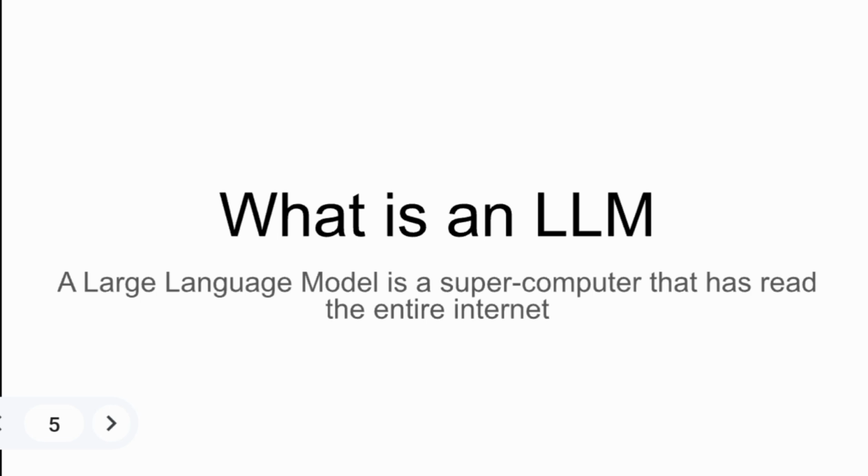LLM basically is a large language model. In AI we have different types of models, and some models need a huge amount of data to train. Imagine we need to calculate something about the solar system, which is a very complex task.